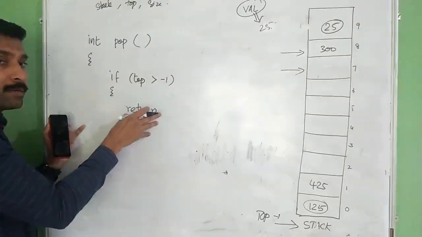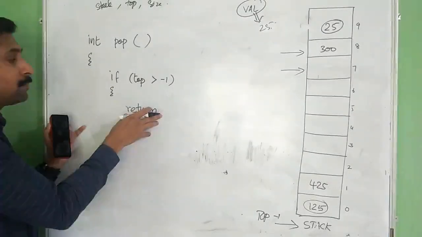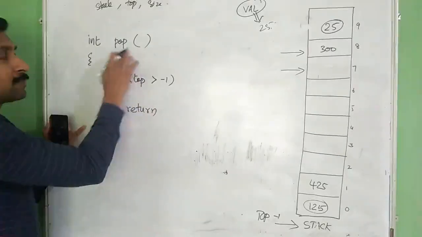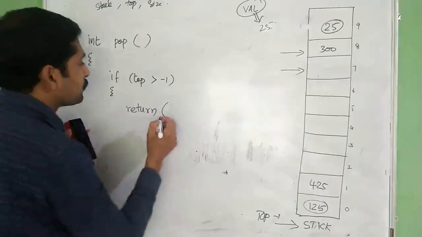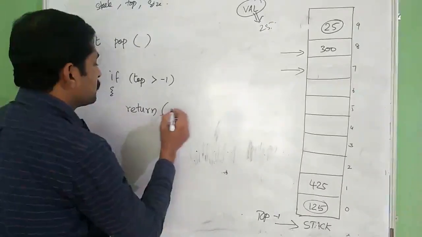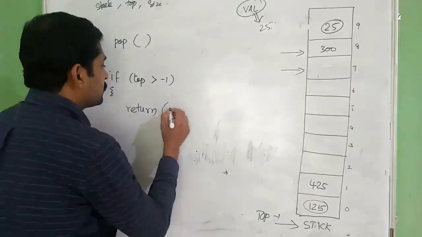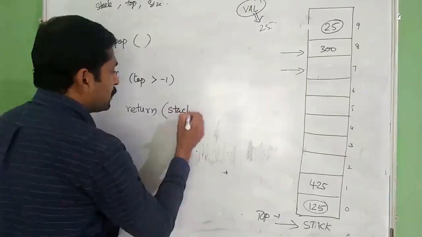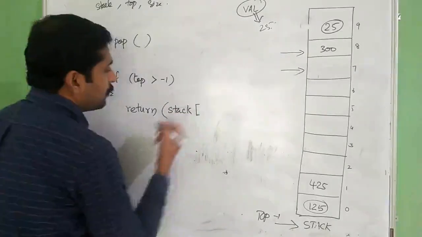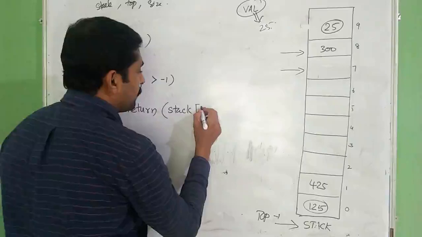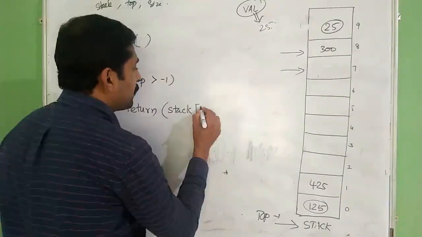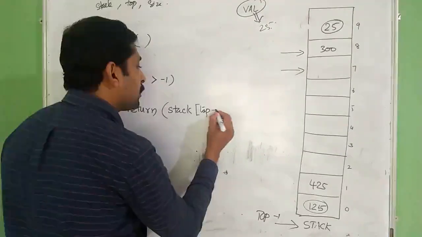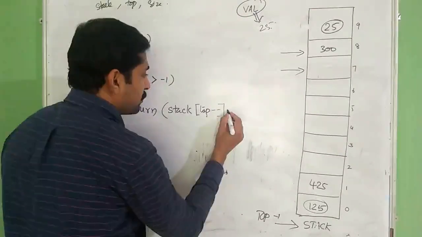We can write a statement like this: return, give back to the program that requested pop operation, return stack of top minus minus.